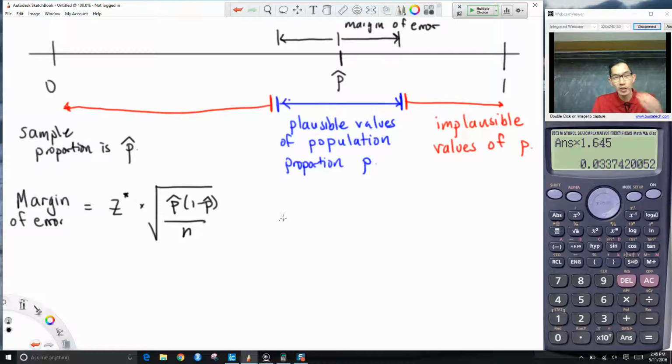So we would say things like, we have evidence that P is not in the implausible range.